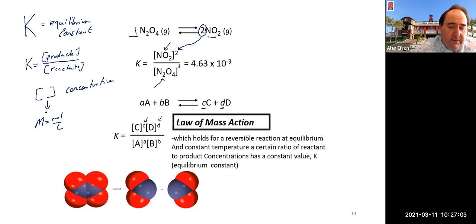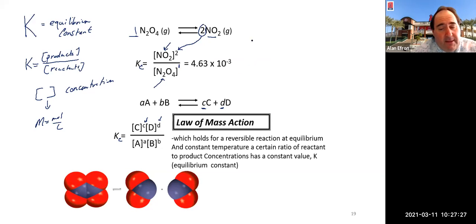That is also why sometimes this equilibrium constant is described as not just K, but as Kc. C, creatively, for concentration. So Kc is the equilibrium constant where you use concentration.